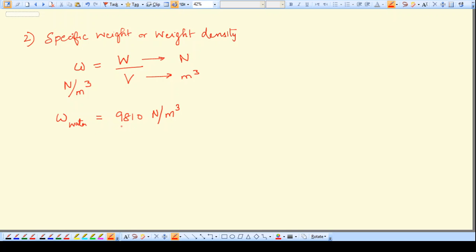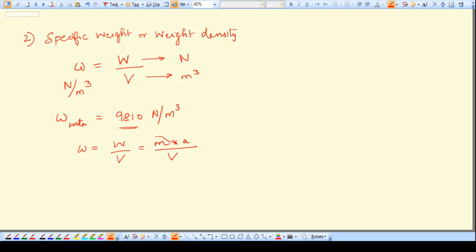So how did you arrive at this value? This can be found as follows. Specific weight is equal to weight per unit volume. Weight is equal to mass into acceleration divided by volume.